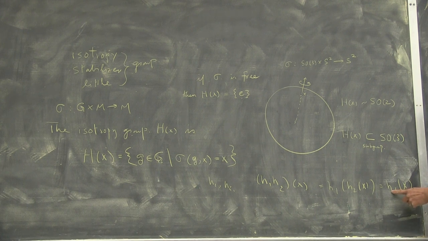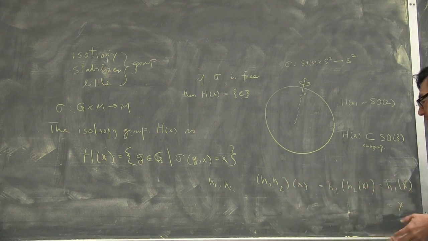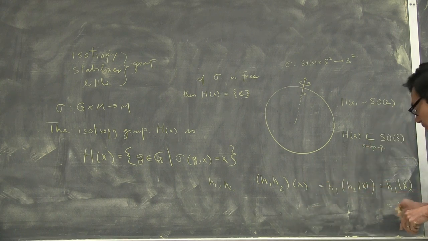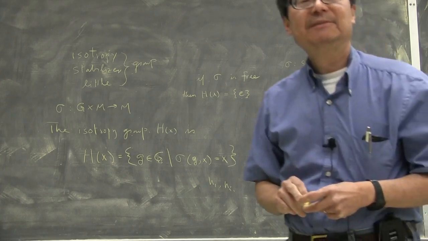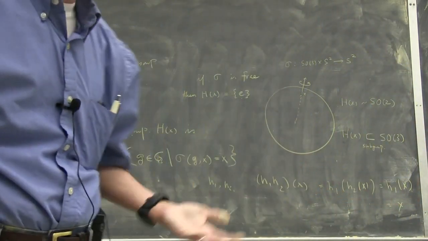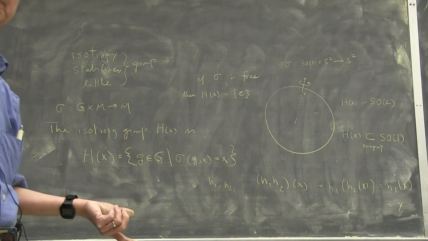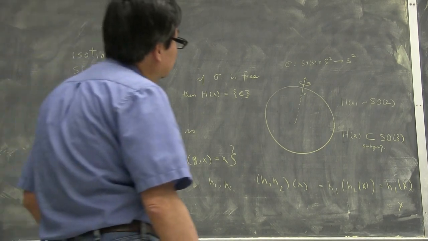Now then, you further use H1 to act on it, but H1 is also supposed to be in the isotropy group, and so this also produces x. So we have shown that if separately each of H1 and H2 is in the isotropy group, then the product of these two must also be in the isotropy group of the same x because it acts on x to yield back the same x. Okay? So we call this a group because in fact it is a subgroup of the original group G. Okay, so that's quite obvious.